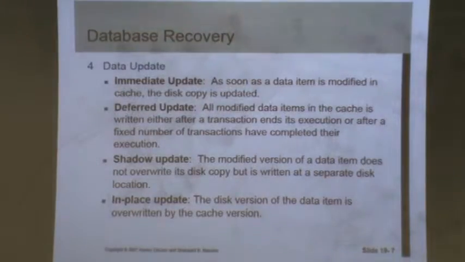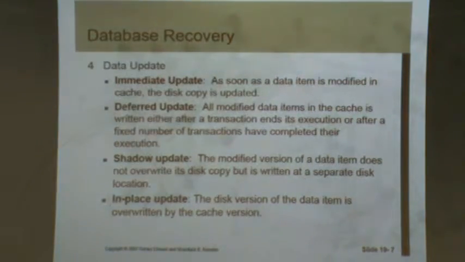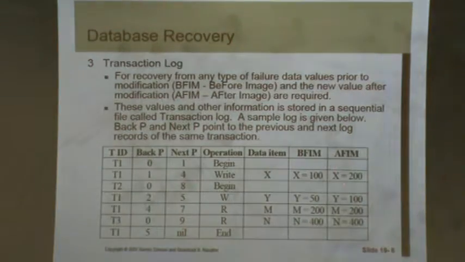Then there are different types of update in the database system. So first, immediate update and deferred update. Immediate update means when you update data, for example, write the data from 100 to 200, like updating the employee table, salary equals 200 where employee ID is 111.